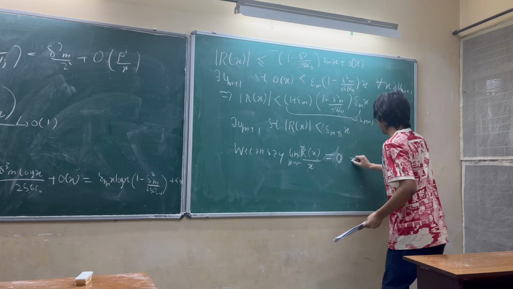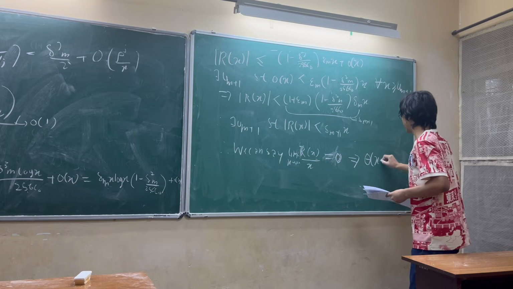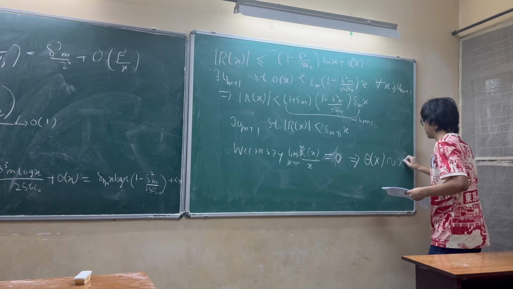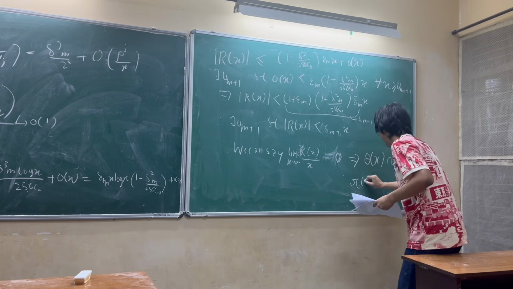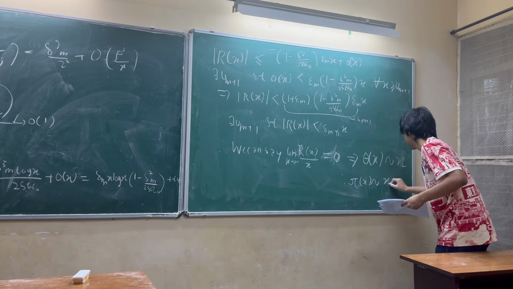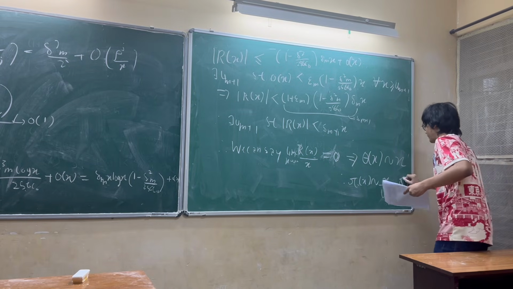So this eventually means that theta of x is asymptotic to x, and this is equivalent to saying pi x is asymptotic to x by log x, and there you have it. You have the prime number theorem.